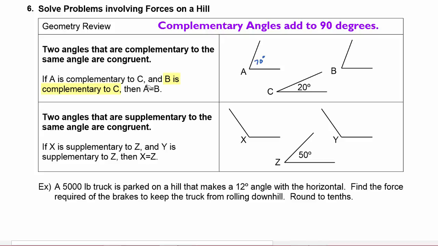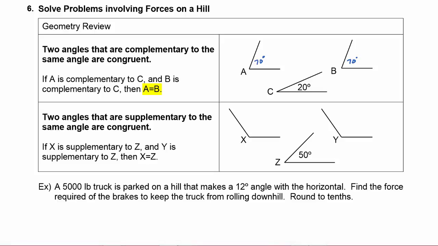We are also told that angle B is complementary to C. So angle B has to be complementary to angle C, which means it would have to be 70. So it really makes sense that the result of the theorem is that angle A and angle B have to equal each other. Since they both have to be complementary to C, they both have to be 70, so it makes sense that A is equal to B.